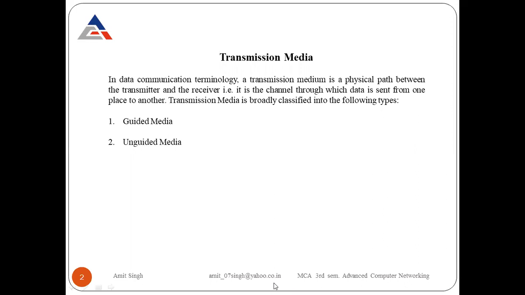Now we have two different types of transmission media. The first one is the guided, or you can say the wired transmission media, and the second one is the unguided, which you can say is wireless transmission media. The best example of wired transmission media is when you are working in the computer labs, and these labs are in the networking form.